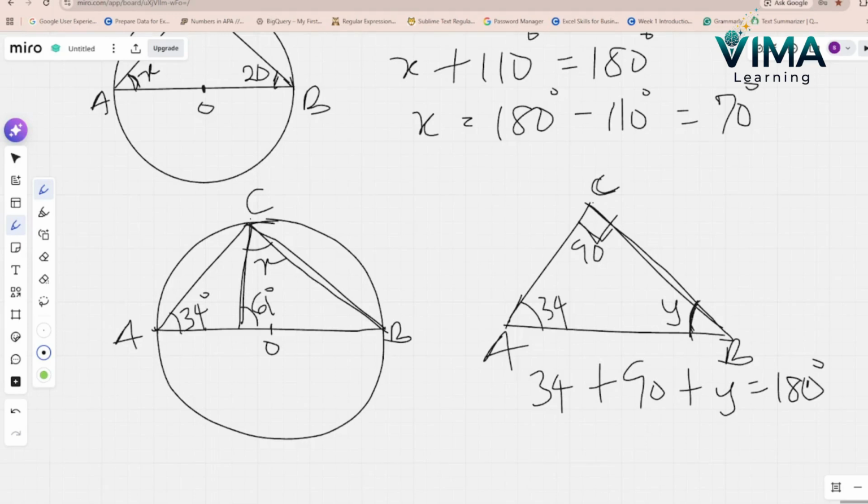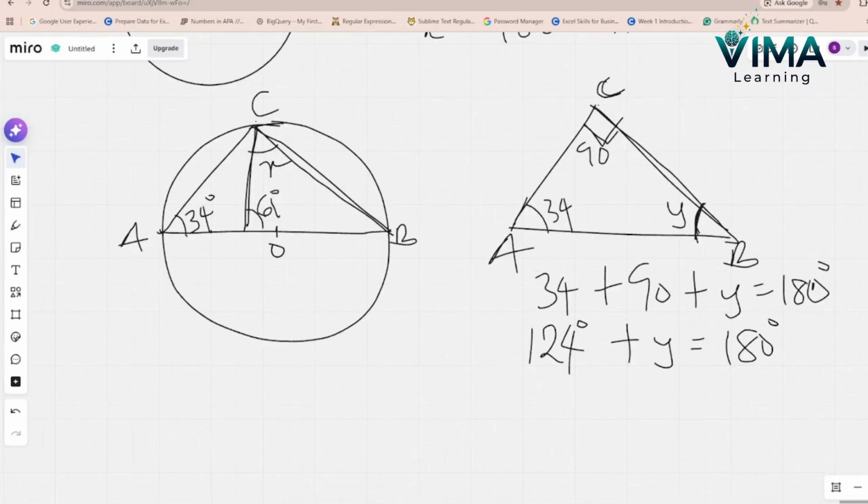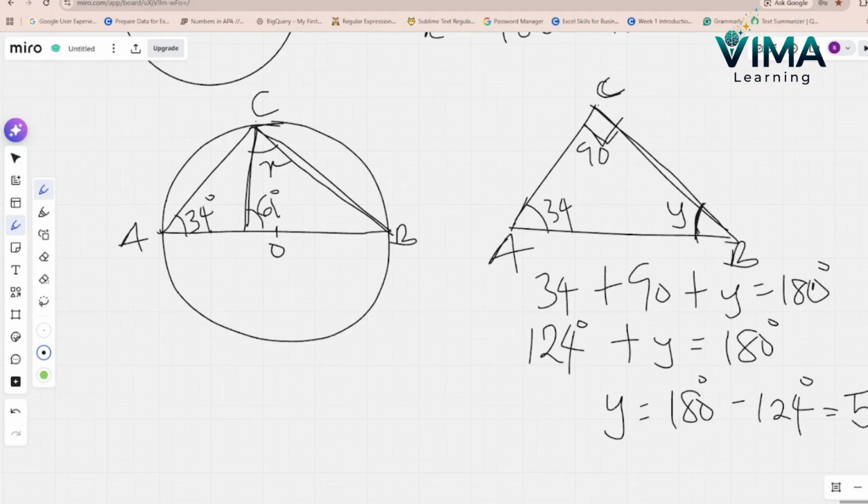And 34 plus 90 is 124 degrees plus y is 180 degrees, and y is going to be 180 degrees minus 124 degrees, and that gives us 56 degrees. So we already know that this angle here is 56 degrees.